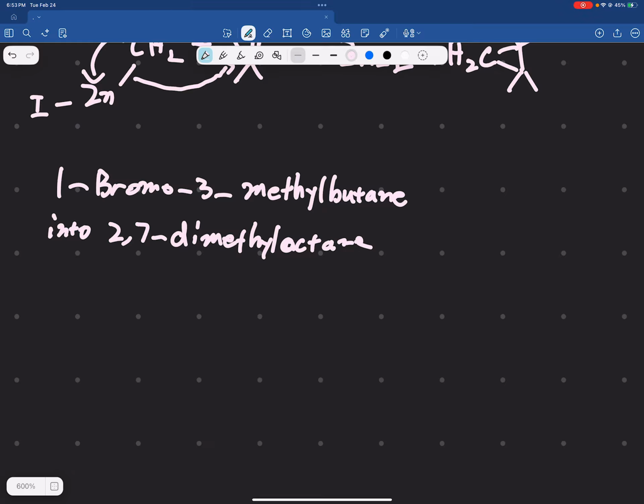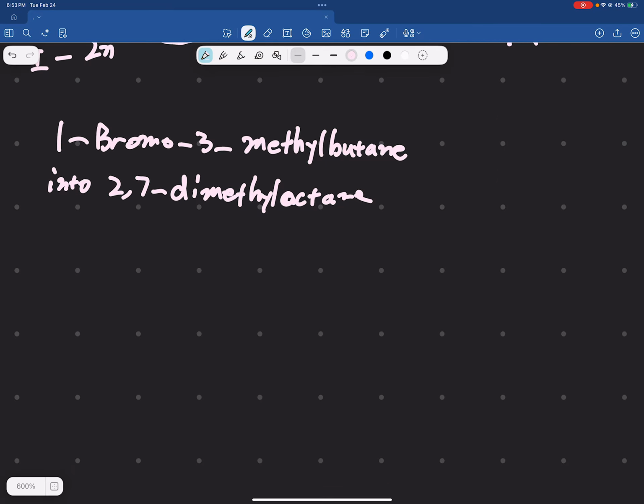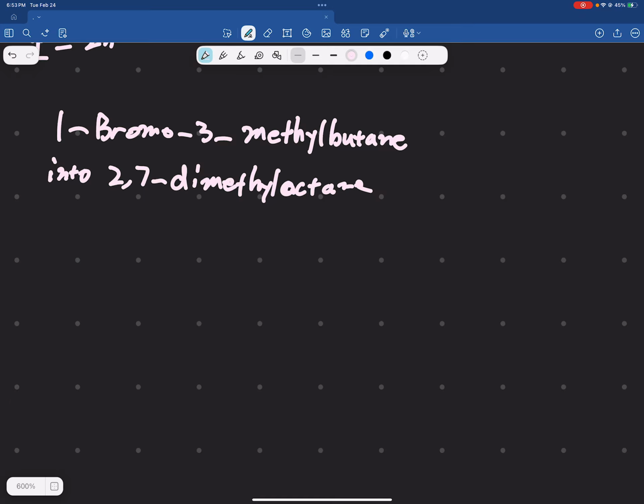And you must use 1-bromo-3-methylbutane as the source of all carbon atoms in the target molecule. And this is our 1-bromo-3-methylbutane.